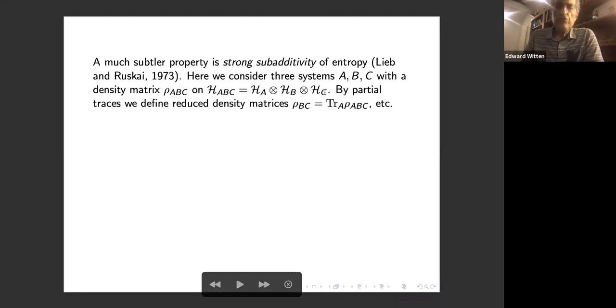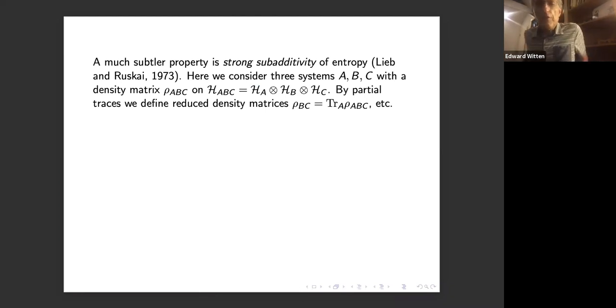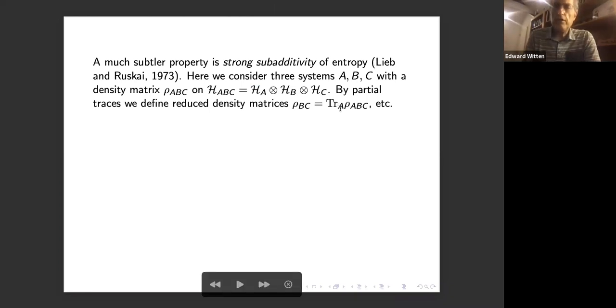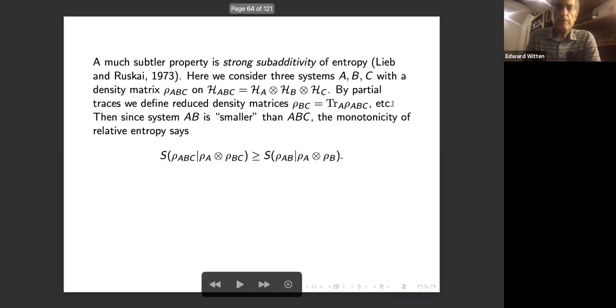By partial traces, we define reduced density matrices, such as rho BC, which is the trace over A of rho ABC, as well as others. Then on ABC, we could consider the density matrix rho A tensored rho BC. And likewise on AB, we could consider as before rho A tensor rho B.